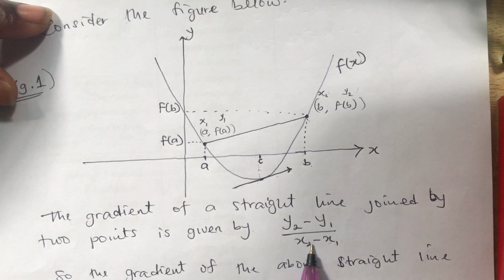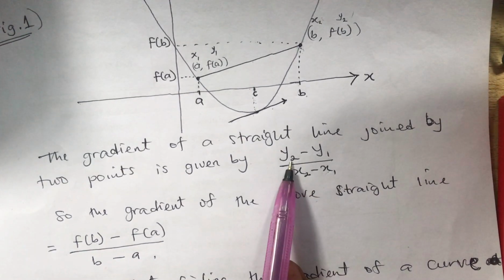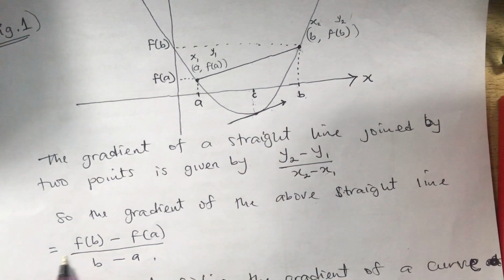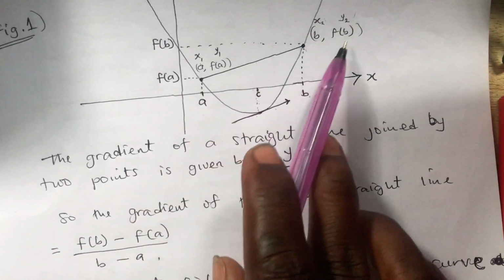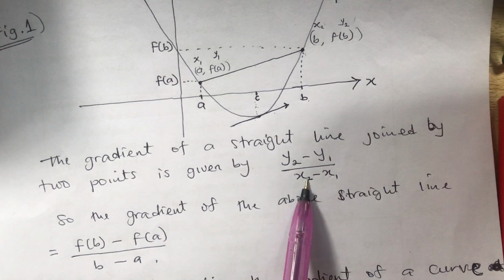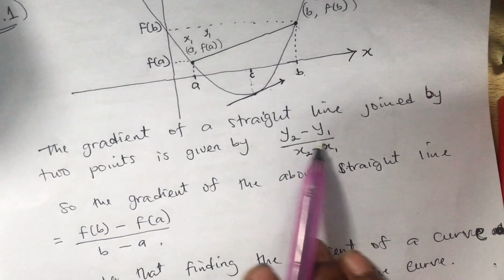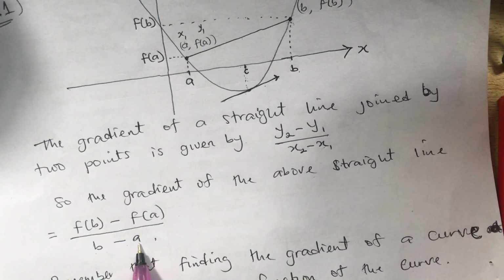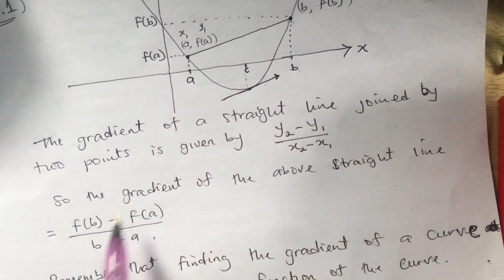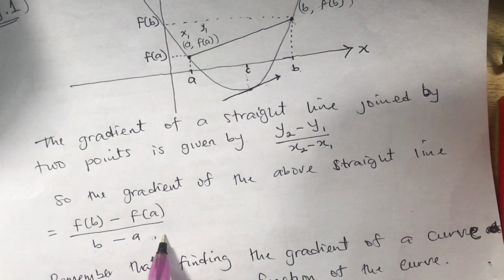So from the formula of the gradient of a straight line joining 2 points, the gradient of the above straight line is simply f of b, because this is y2, minus our y1, which is f of a, over our x2, which is b, minus our x1, which is a. So the gradient of the above straight line is f of b minus f of a over b minus a. Let's take note of this.